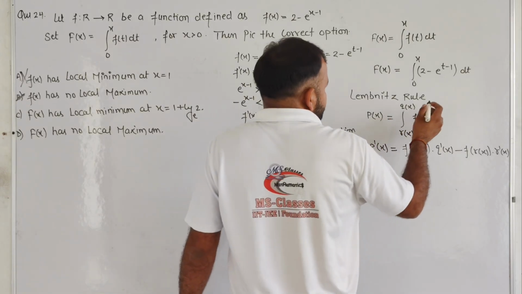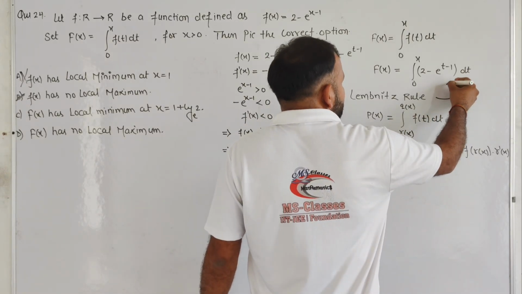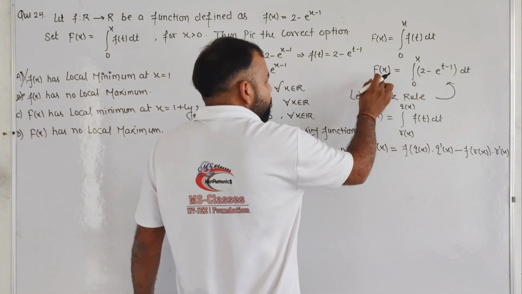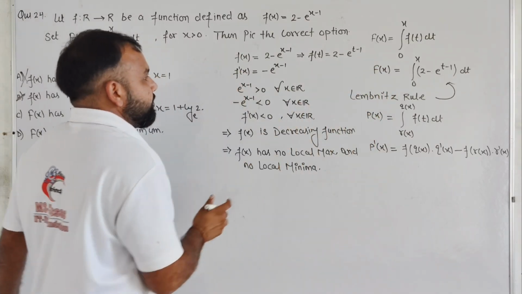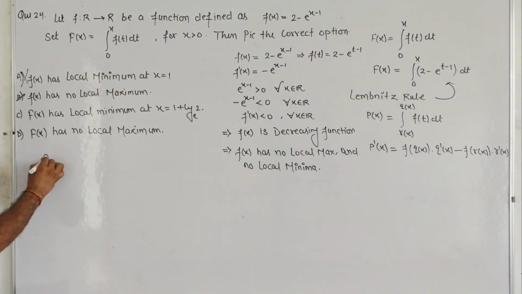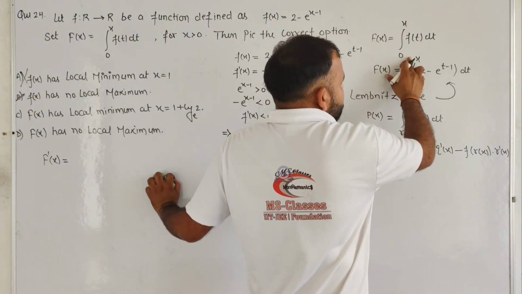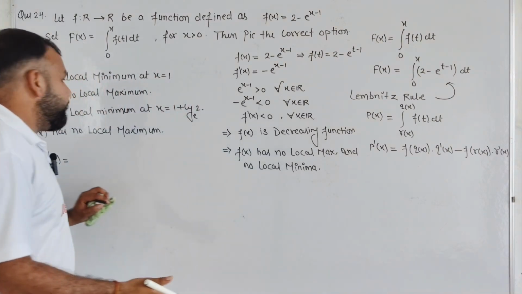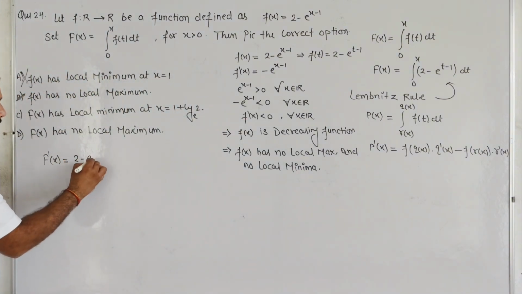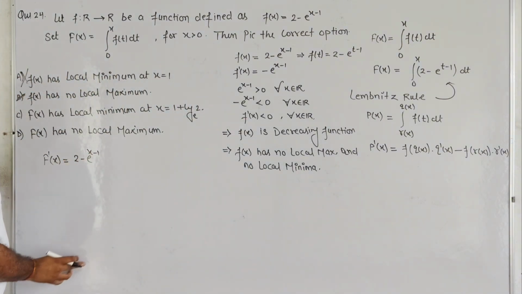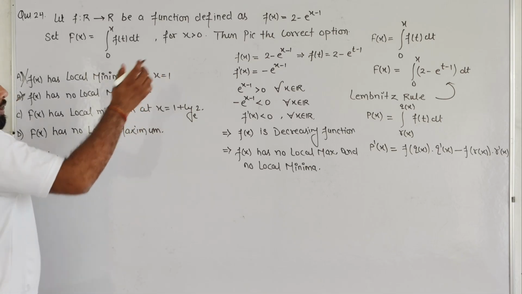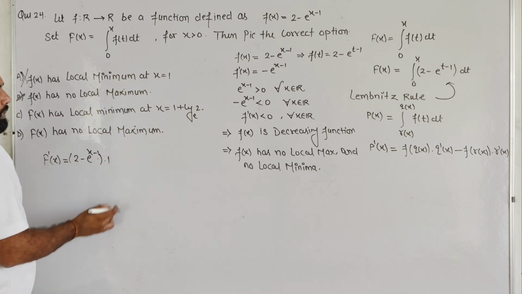So students, I am going to apply the Leibniz rule in this situation for finding capital F dash x. Put down the upper limit: it becomes 2 minus e to the power x minus 1, and the derivative of the upper limit, the derivative of x, is 1.